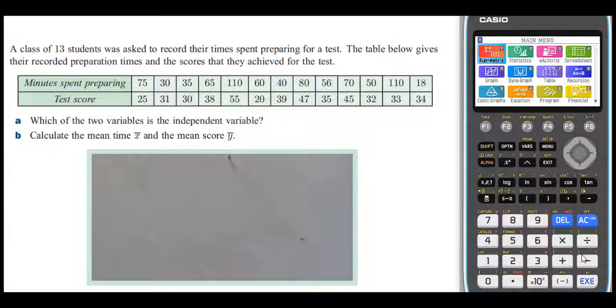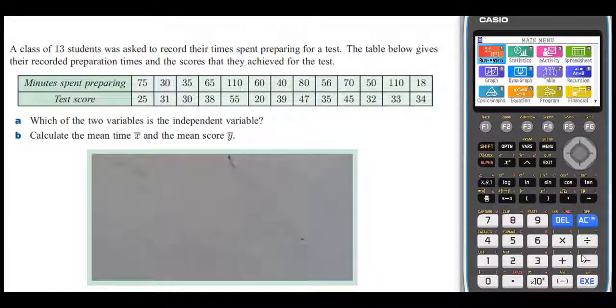Do you think minutes spent preparing is dependent upon the score that you get, or is the score that you get dependent on the minutes spent preparing? I would like to think that the minutes spent preparing for a test beforehand is what affects that test score. I don't see how the test score could affect how many minutes you prepared, because time-wise, one happens before the other.